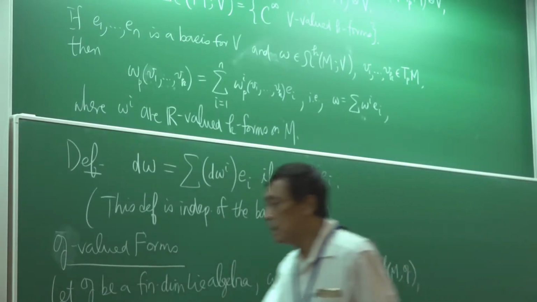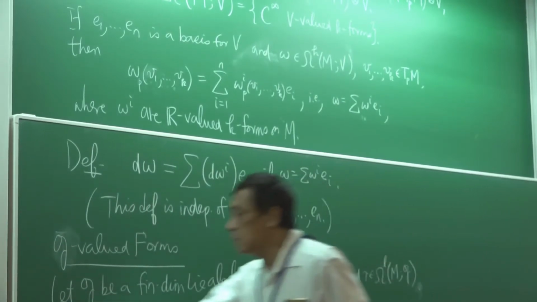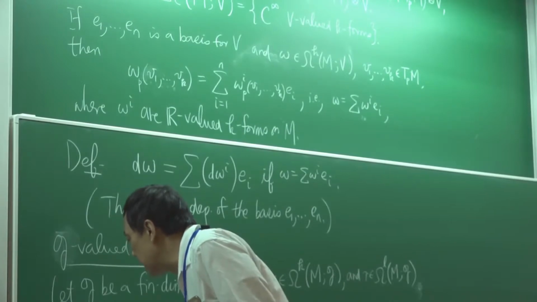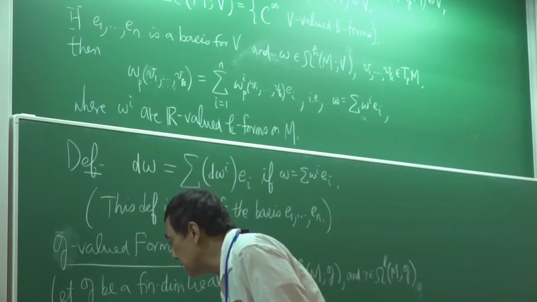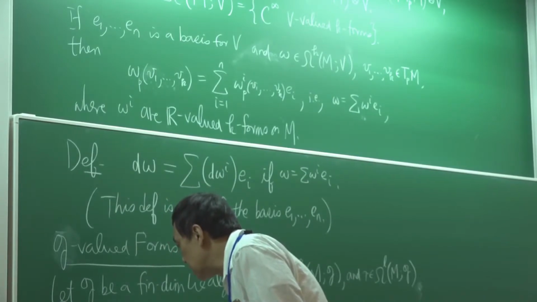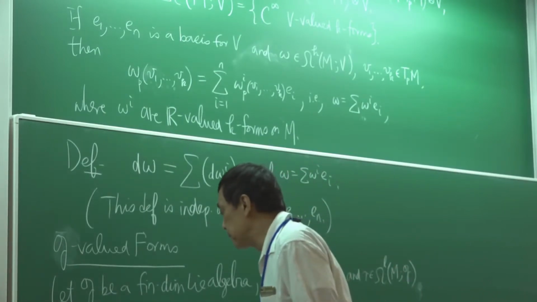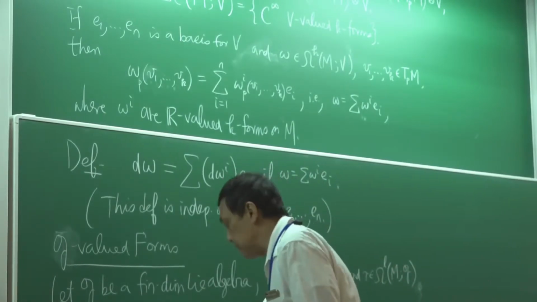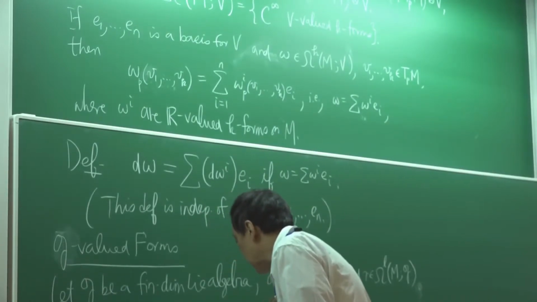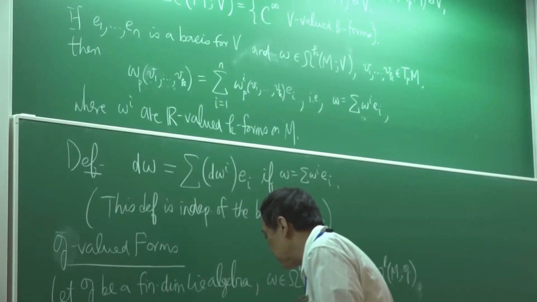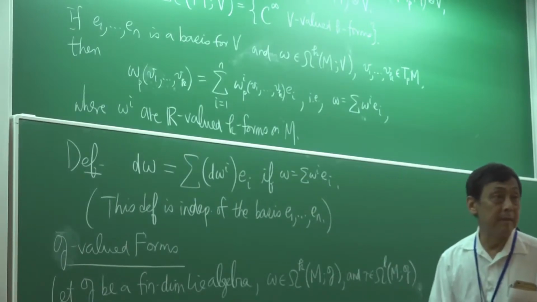Then we define the bracket of omega and tau to be a k plus l form, so it takes k plus l arguments.